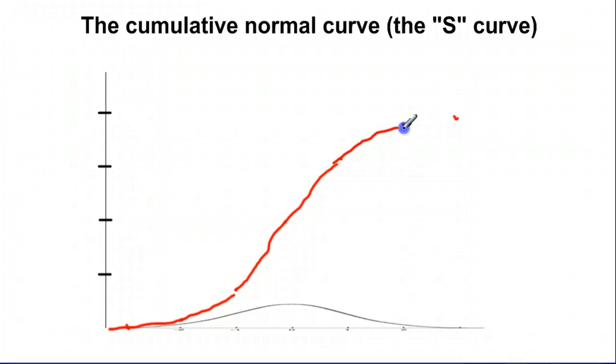For those of you that have taken calculus, you're thinking of an integral. For the rest of us, we're just thinking about adding up all the area under the curve at or below any given point, and that corresponds to a point on this graph here. So this accumulating graph forms this S-curve. And that can be applied to different areas, like studying business and product adoption and things like that.